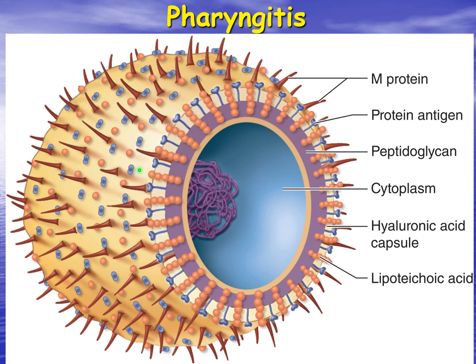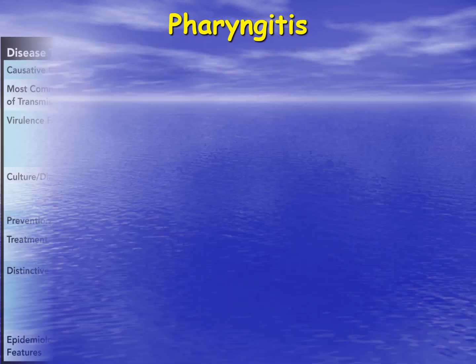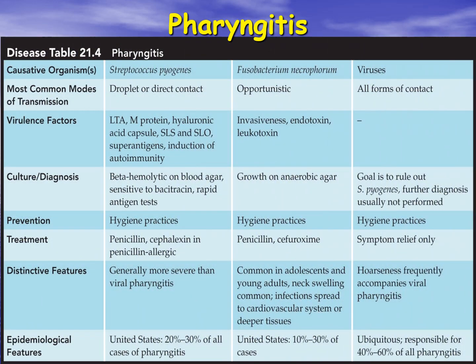And this is what keeps them basically from being seen by the immune system. We also see a number of viruses that can cause pharyngitis, and Fusobacterium necrophorum is another one that can cause pharyngitis. Usually this is actually an opportunistic organism.